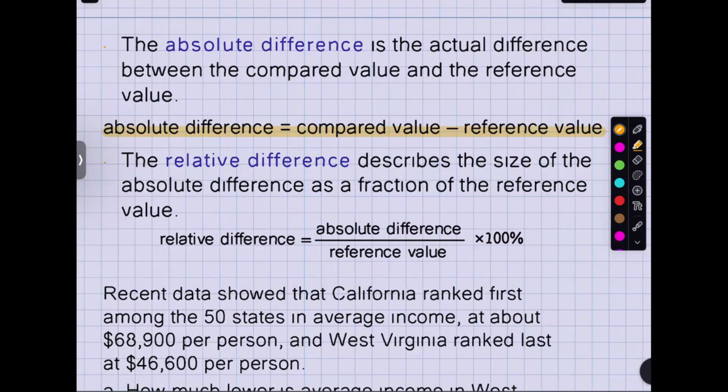Instead of compared value. And relative difference, remember how I pointed out that they had compared value minus reference value here, right? Or new value minus reference value here. And I said, isn't that the same as this up here? They just made it different. Looks different, but it's exactly the same. Okay?